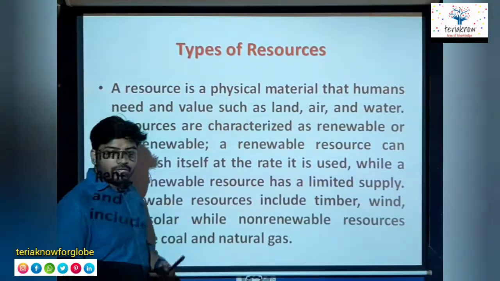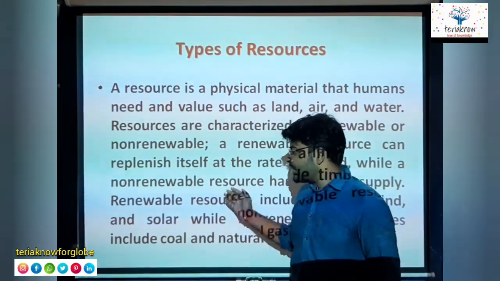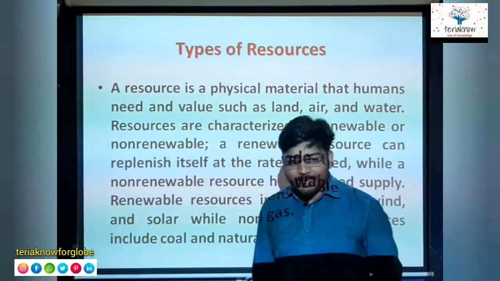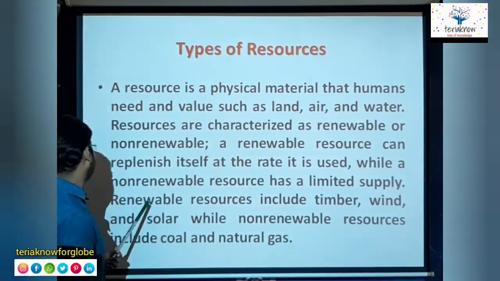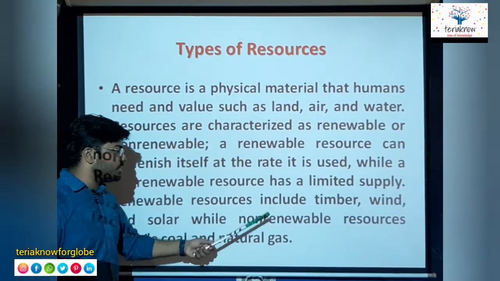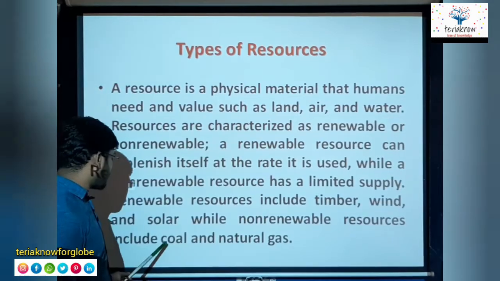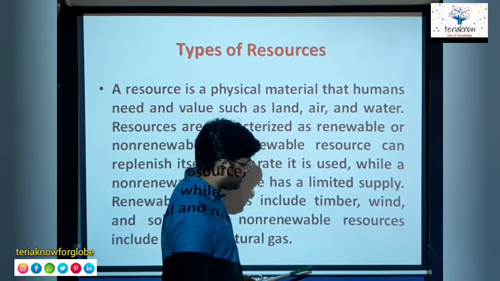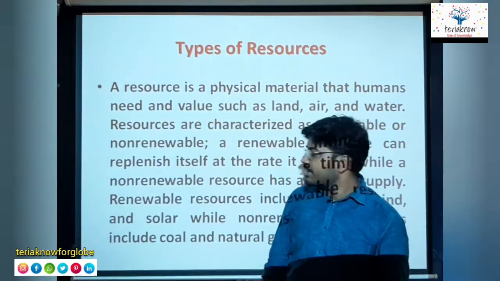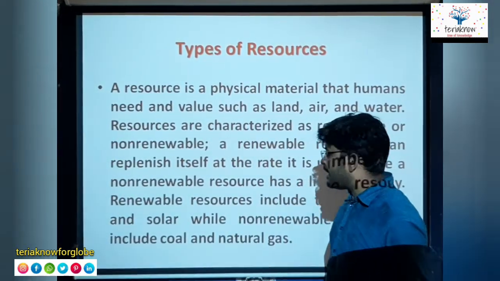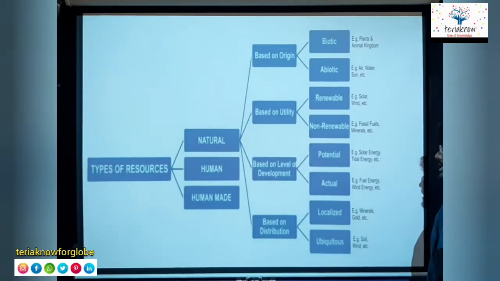So renewable can be regenerated, while non-renewable has limited supply and cannot be regenerated again and again. Renewable resources also include timber, wind and solar, while non-renewable resources include coal and natural gas. Natural gas and coal take too much time to form. That's why this is called renewable and this is called non-renewable. It cannot be easily renewed.